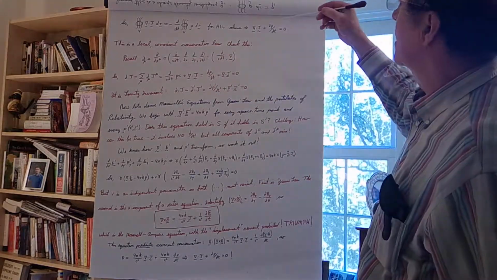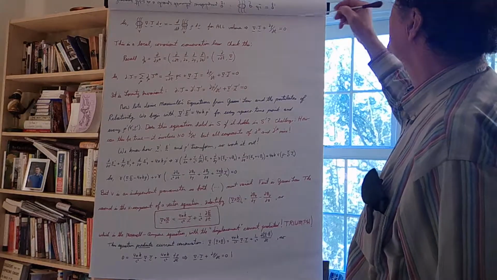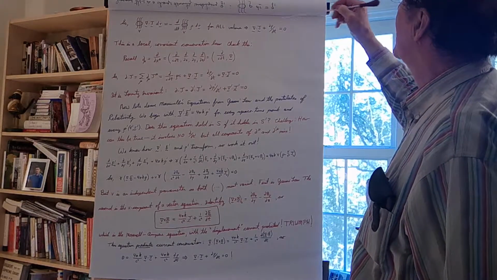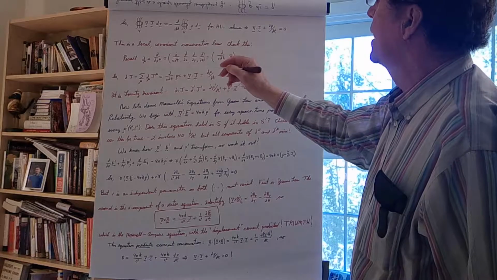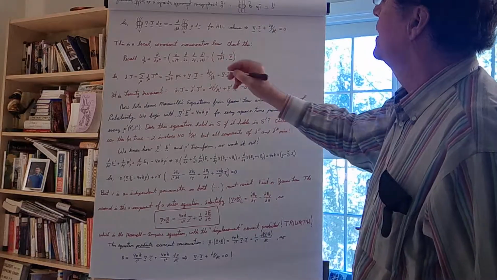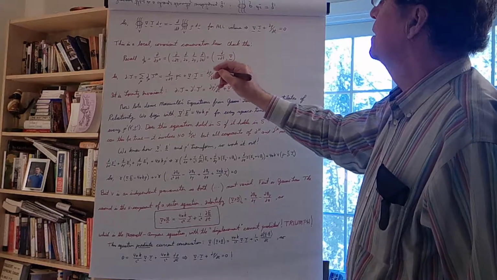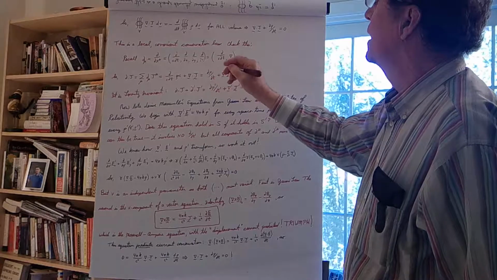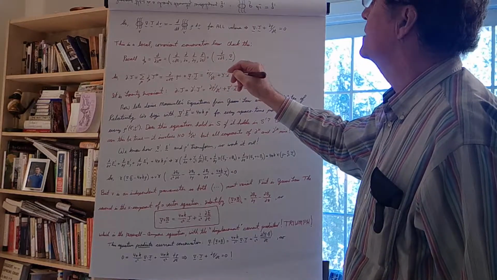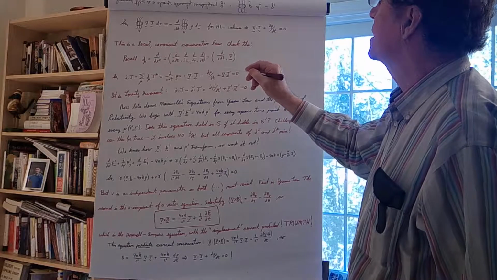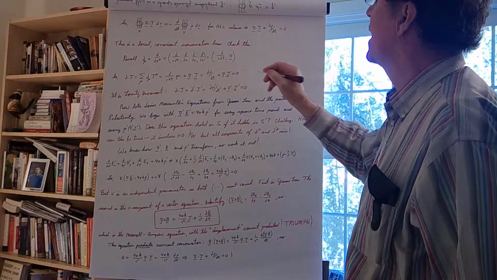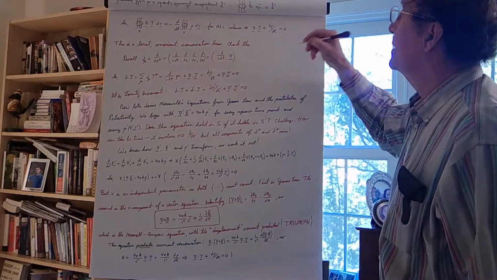Let's just look at the derivatives here. I see a gradient and I see a time derivative. I've met that before. I met the 4-vector d sub mu as the derivative with respect to x mu. It's this collection of d by dt and d by dx's, or d by dt and the gradient.